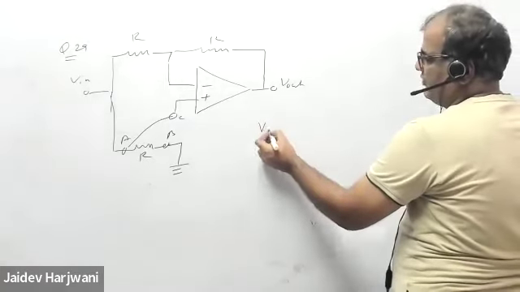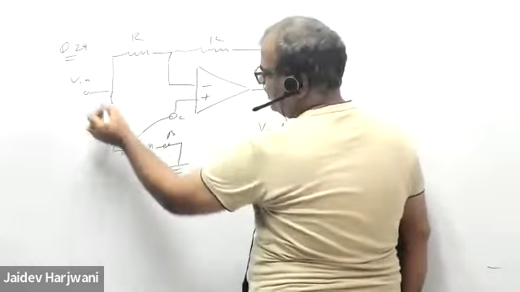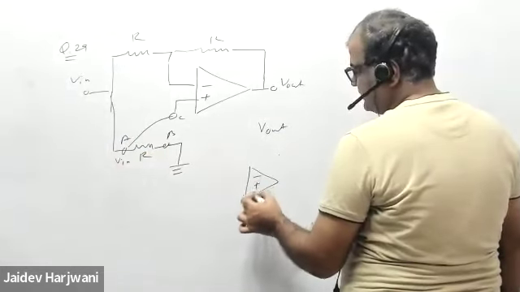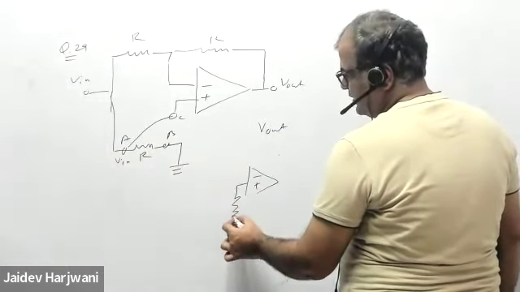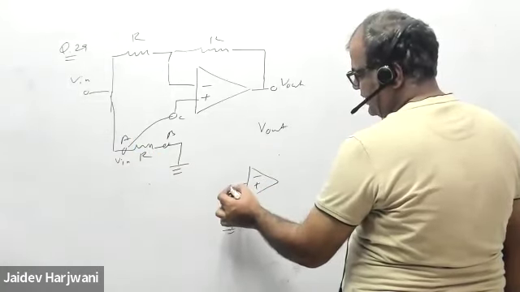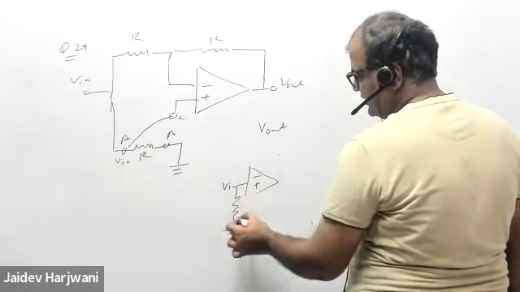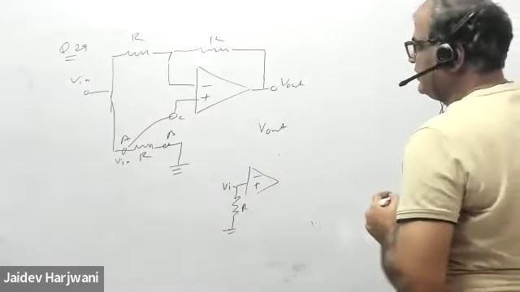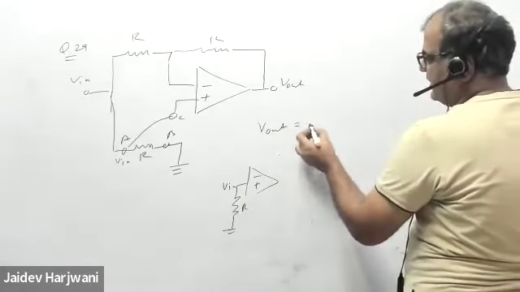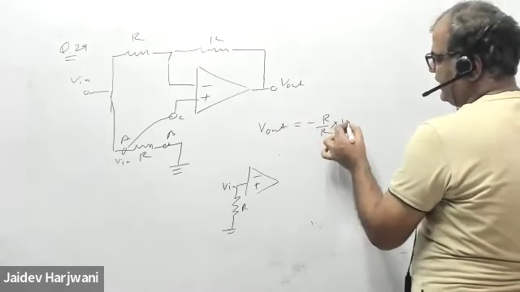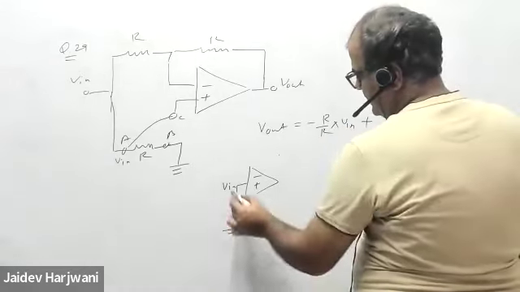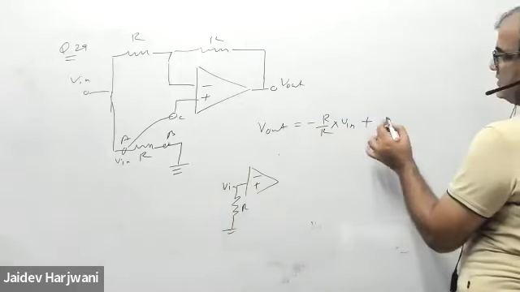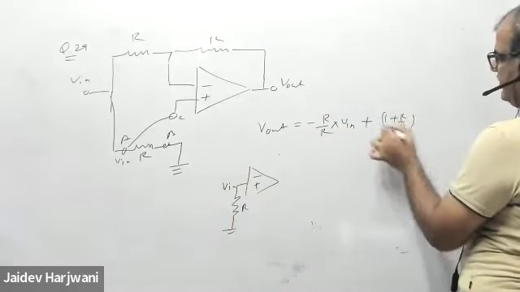If I connect this V input here, V input is coming to the plus terminal, and also to minus through this RF and R. So by the superposition principle, V output is minus RF upon R into V input, plus, as V plus is also V input, 1 plus RF upon R into V input.